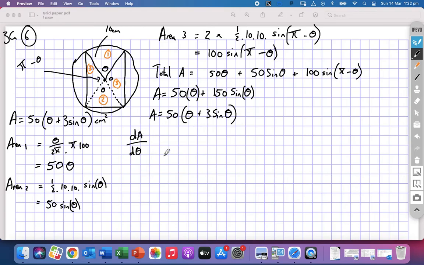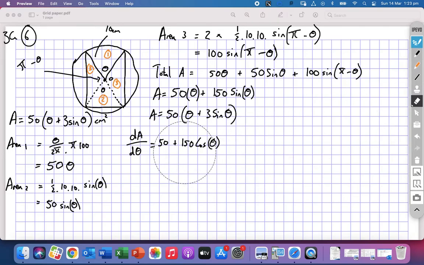Do it from here. Probably easier than doing it there, although it doesn't really matter. Maybe it's easier there. I think I'll do it in the expanded form. Then we've got 150, derivative of sine is cos. Yeah, I should have done it from a factorized form.